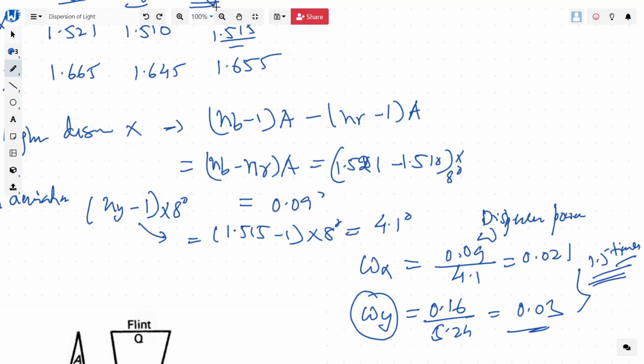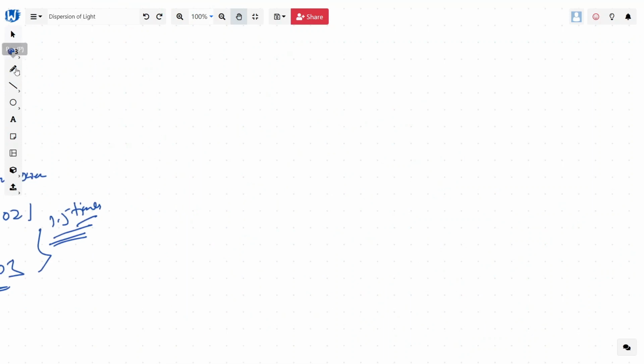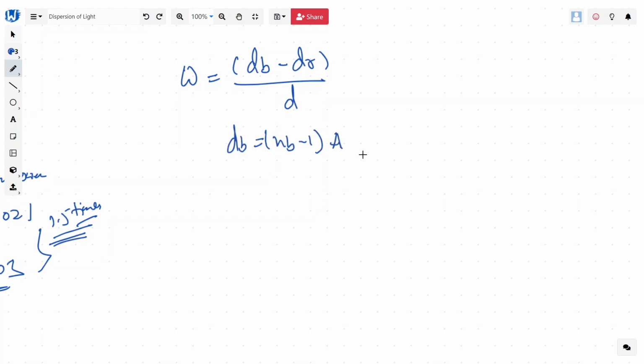Now let's try and derive a general formula for dispersive power. Okay, so here as we said, the dispersive power omega is going to be equal to dB minus dR, the deviation of the blue and red, divided by the mean deviation, right? So what is dB? dB is nothing but (NB minus 1) into A, right?